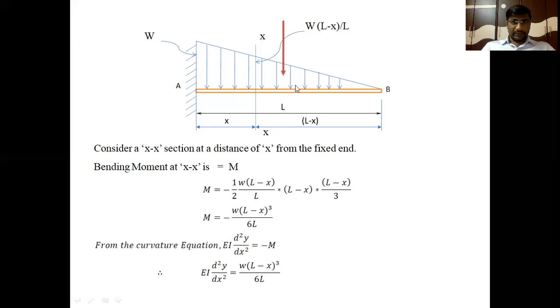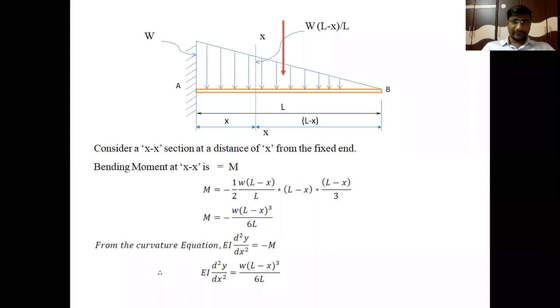The moment on the right side of the section, clockwise is negative and anti-clockwise is taken as positive. Okay, students, now we are going to consider the XX section, at which we are going to find the bending moment.